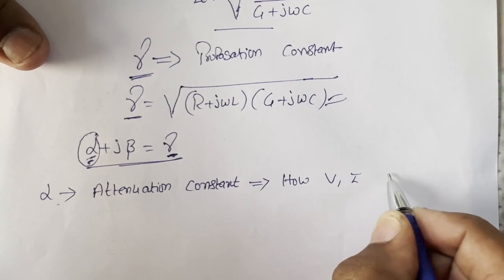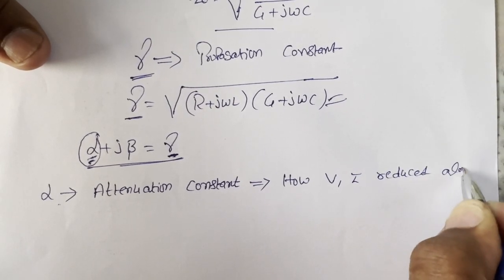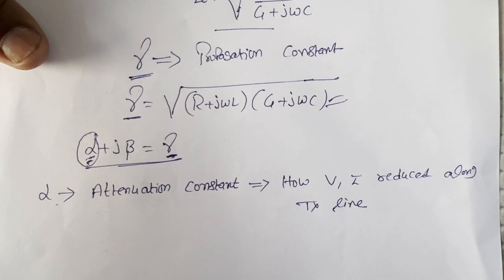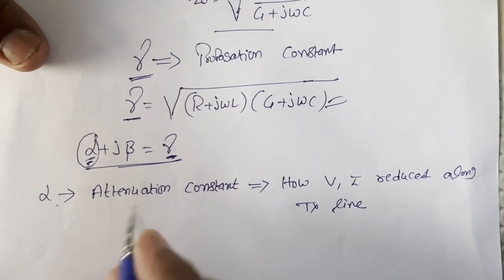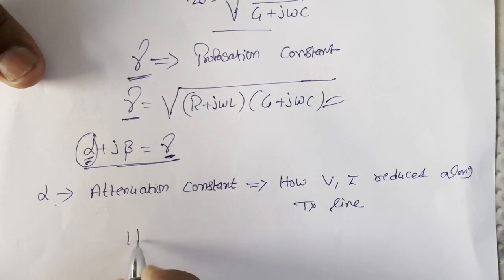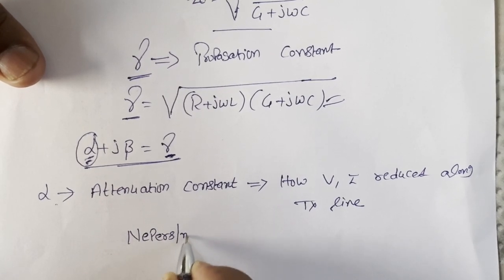That is the attenuation constant. And the units for the attenuation constant are Nepers per meter.